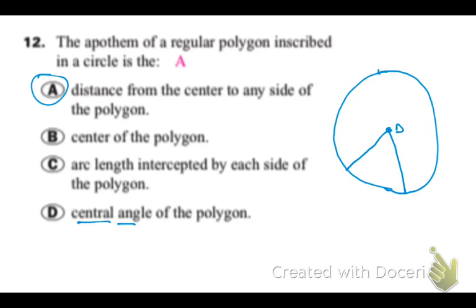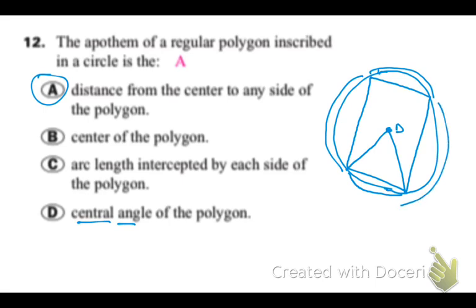So here's your polygon that's inscribed in a circle. What C is saying is these arc lengths intercepted by each side of the polygon. That's those, and clearly that's not it. D's not it, and C. B, center of the polygon, obviously not it.